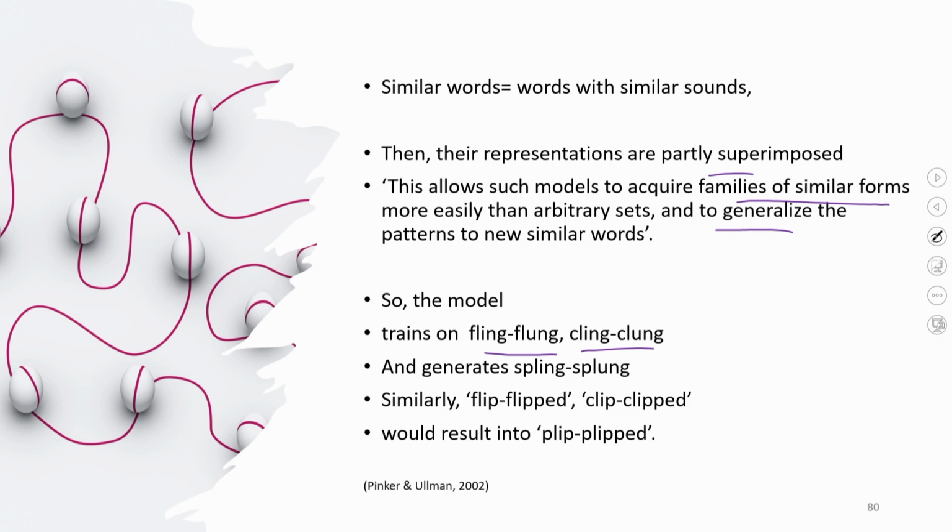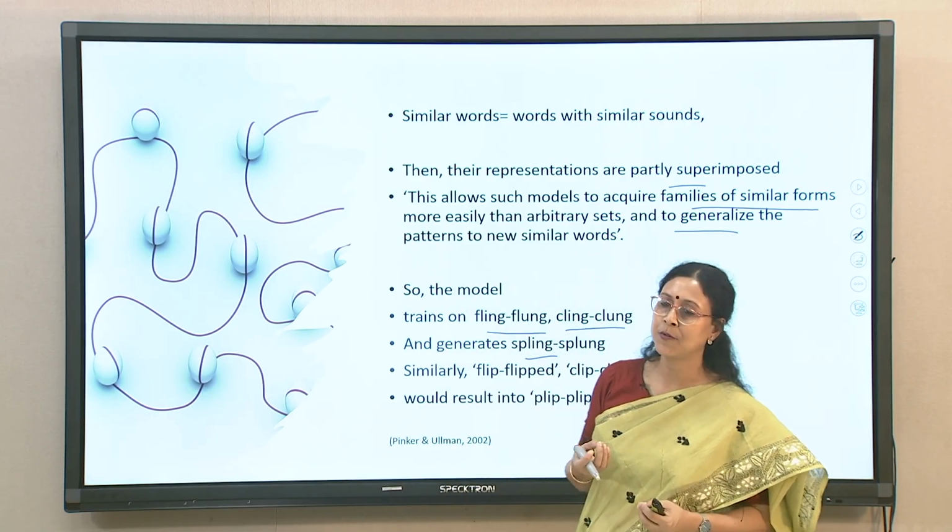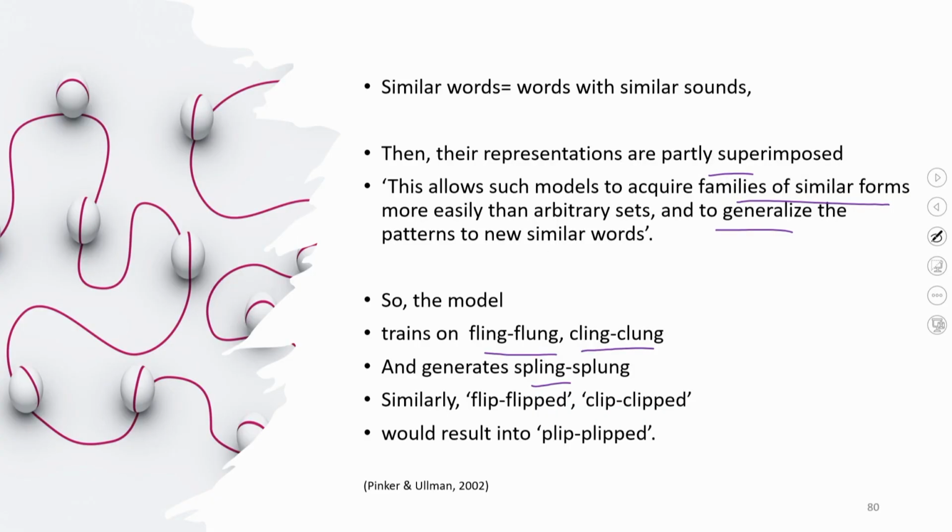So, that gets superimposed, that if fling becomes flung, then cling will become clung, and now you give another similar sounding word like spling, which does not exist, the system will be able to create splung as an output. So, that is how the system apparently learns as far as this theory goes. Of course, this is a very watered down analysis of the model, but I hope you get the point.